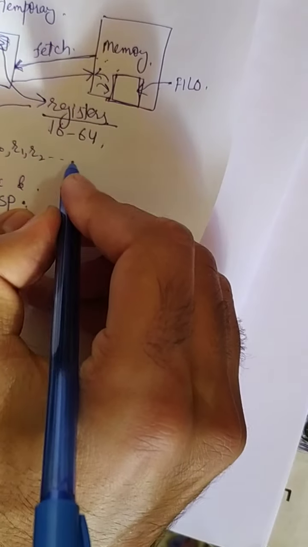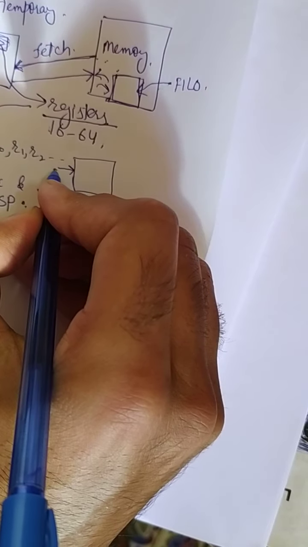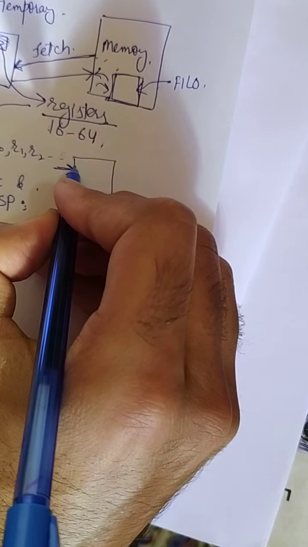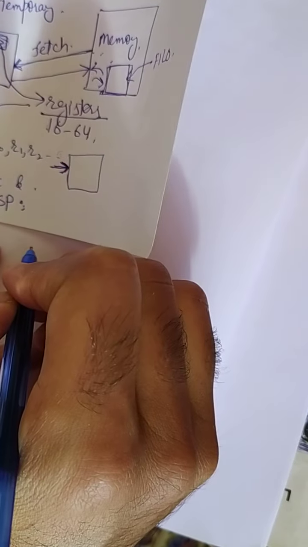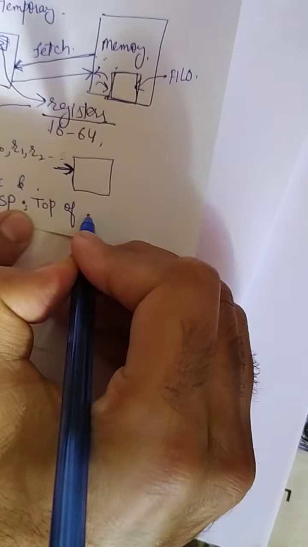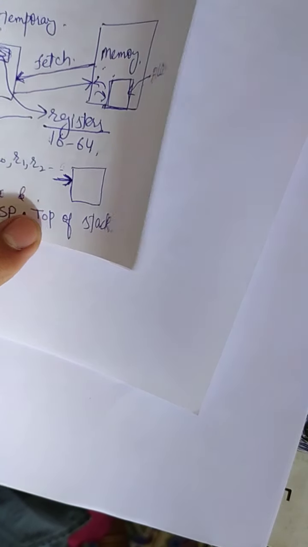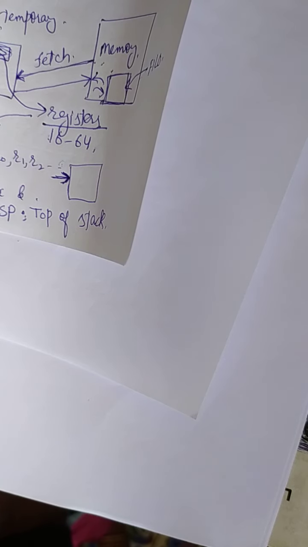And if I have this stack memory, the stack pointer stores the location of the top of the stack. So if I have to put some data into the stack, I will put it at this particular location. The stack pointer stores the address of the top of the stack. We have another register, the return address register. I will discuss that later in the course.